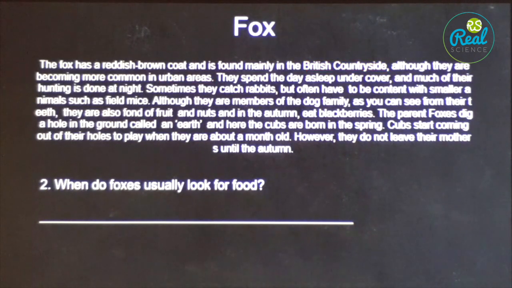Next one. When do foxes usually look for food? When? It's not saying where, it's saying exactly when. Okay, I see correct answers, only correct answers.